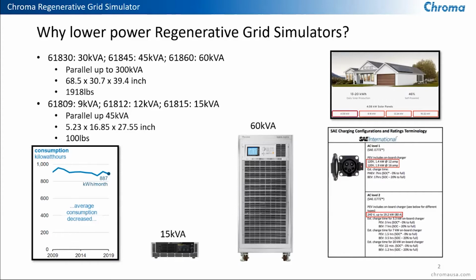The average annual electricity consumption for a U.S. residential utility customer was about 10,600 kilowatt hours, an average of about 877 kilowatt hours per month, which is about 30 kilowatt hours per day. And because of this, most residential solar systems being sold are usually around the 30 kilowatt or less range.